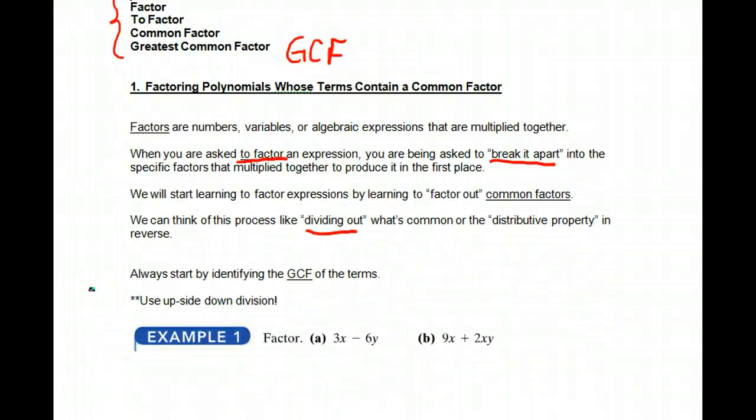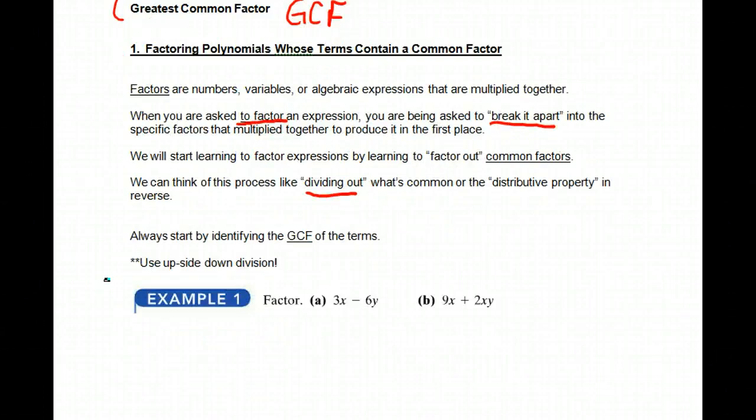So we're going to start by identifying the greatest common factor of every single term. You want to think to yourself, what can I divide out of every single term in my expression?